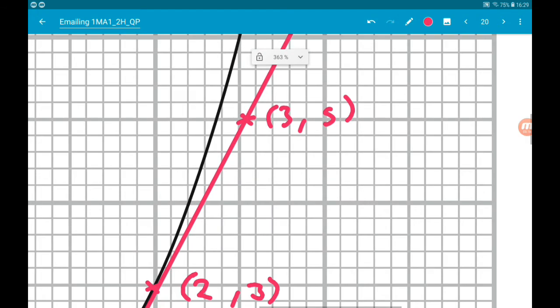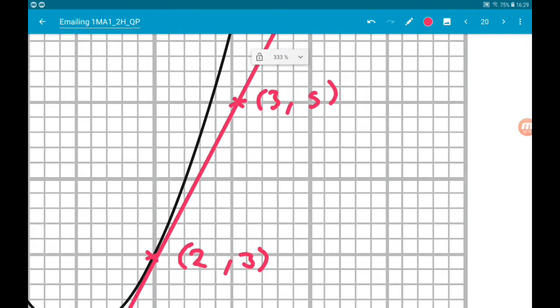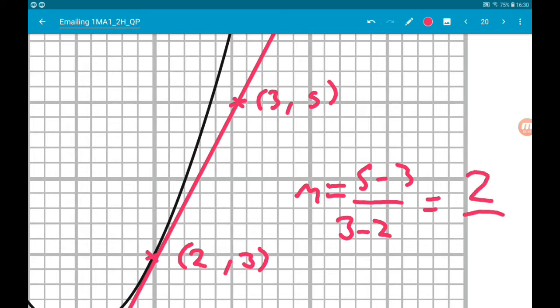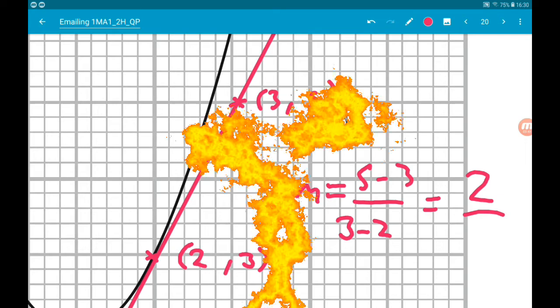Okay, so the gradient then, m, is difference in y, so 5 minus 3 over difference in x, 3 minus 2. So that gives us 2 over 1, so that gives us 2 as our estimate.